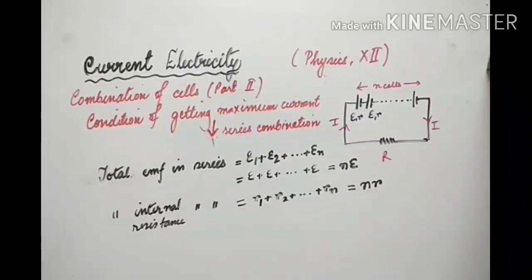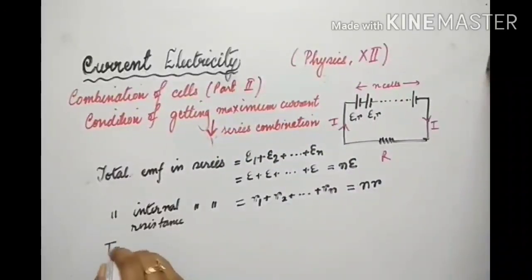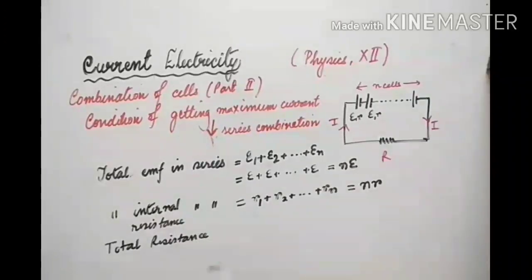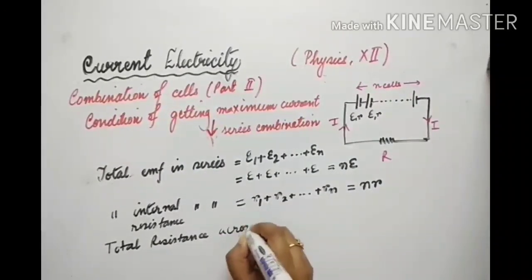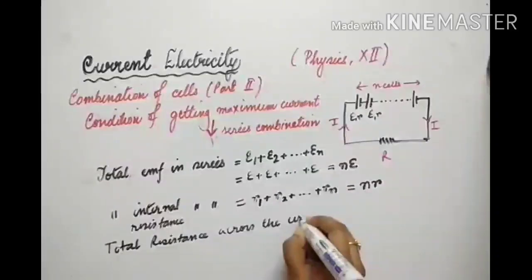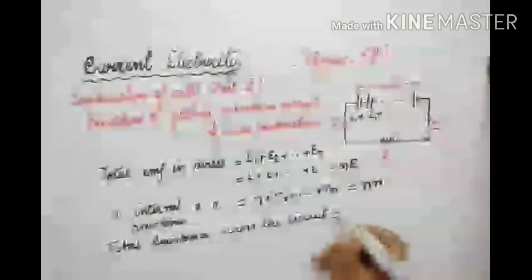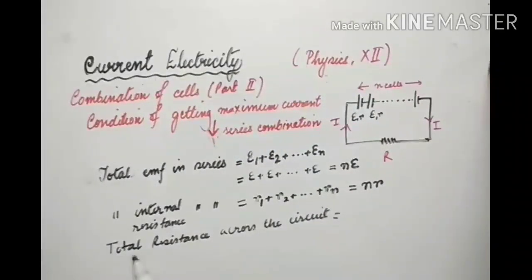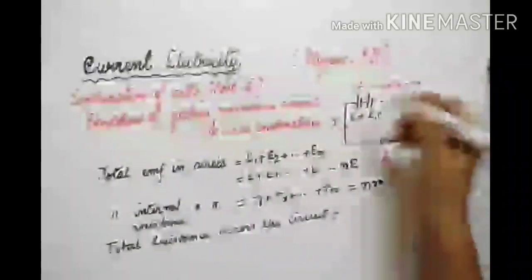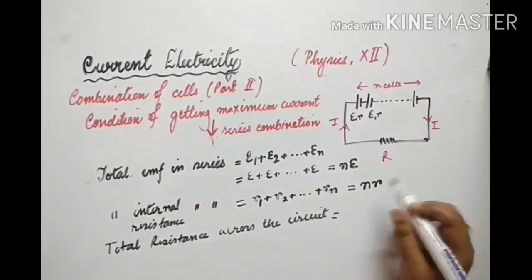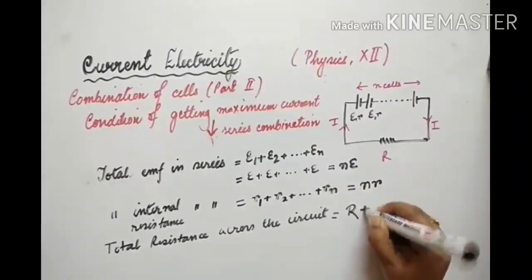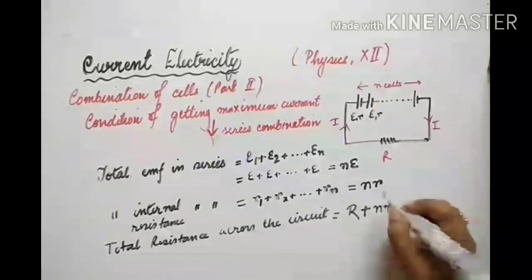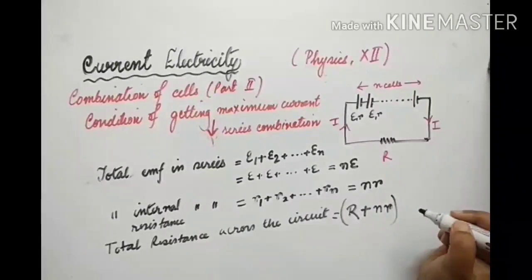Therefore, total resistance across the circuit will be the sum of the internal resistances and the external resistance, because we have to take the total resistance present in the circuit. So here we have the external resistance as R and the internal resistances as n into r. So this is our total resistance of the circuit.